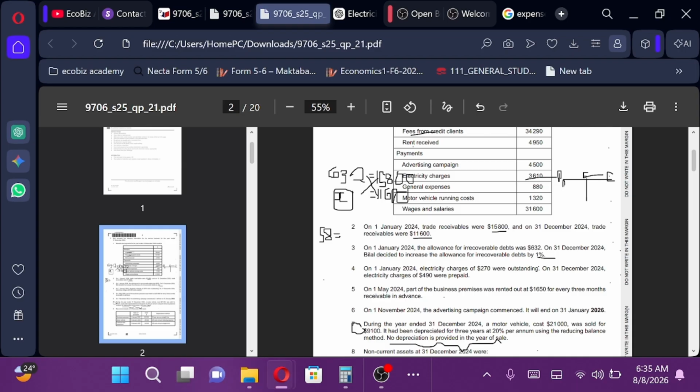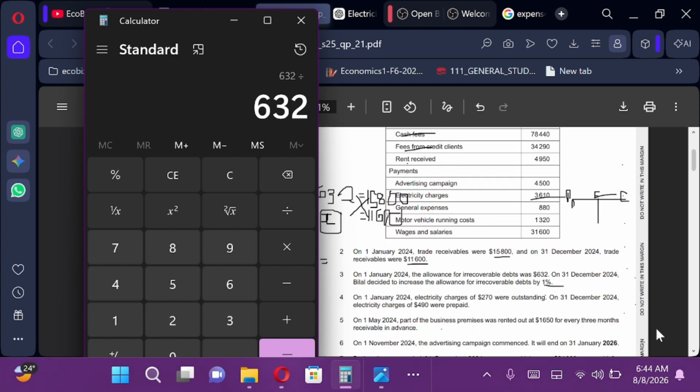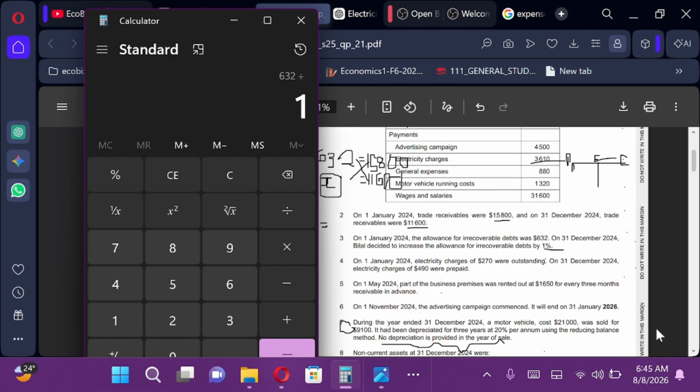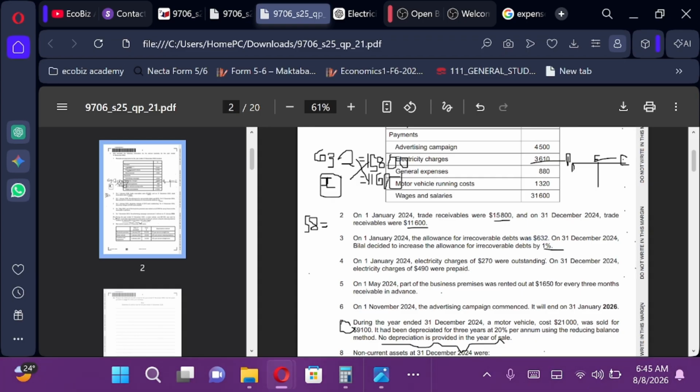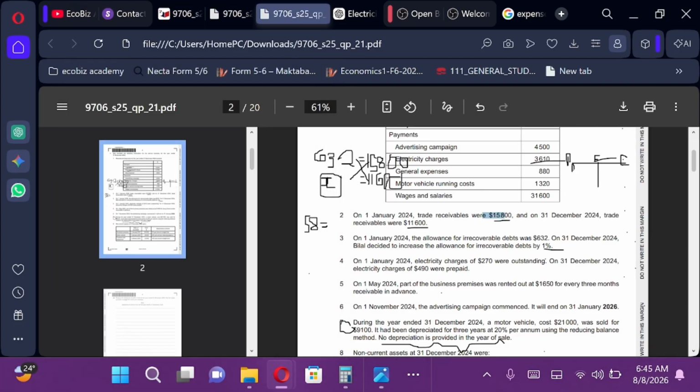Okay, so guys, let me explain what I just did. I took 632 divided by 15,800. 632 is our opening balance for irrecoverable debt, and the trade receivables opening balance is 15,800.